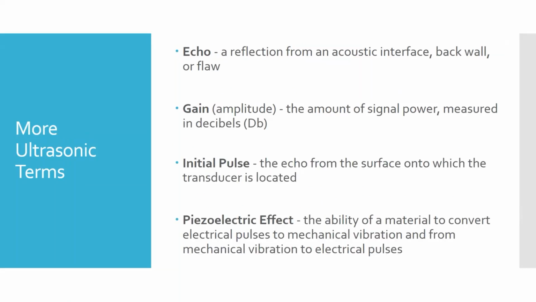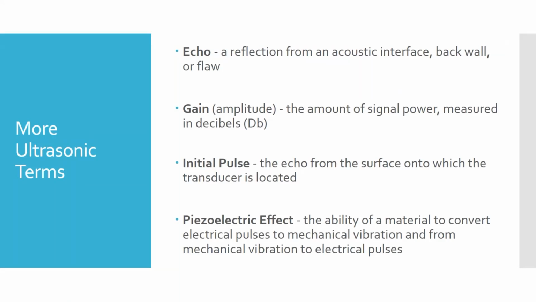The gain is the amplitude, the amount of signal power, measured in decibels. So we're listening for that echo to come back, and we're going to run it through an amplifier. The gain on the amplifier is how much we're going to boost that signal before we send it to the display. We're going to convert it into a picture, a display.